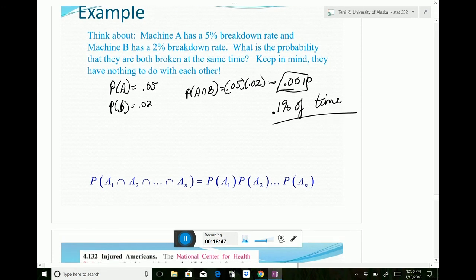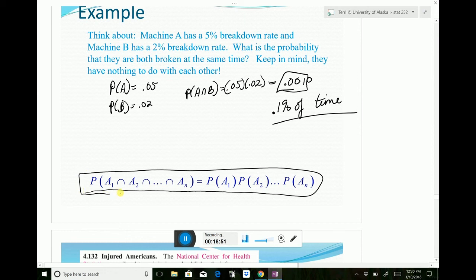And I wrote this down here because I also wanted to point out that we could have a whole lot of independent events that can be multiplied together. So if we roll 3 dice, 4 dice, 5 dice, it really does not matter.